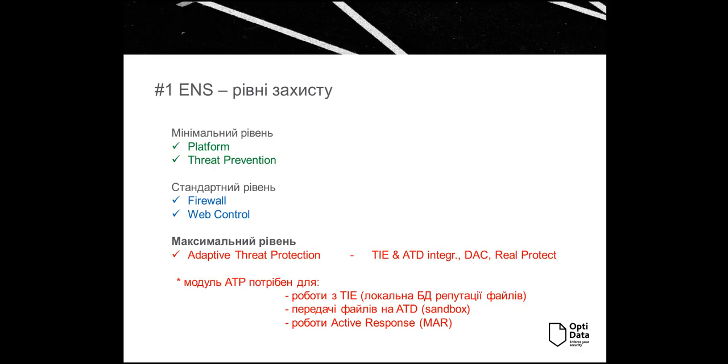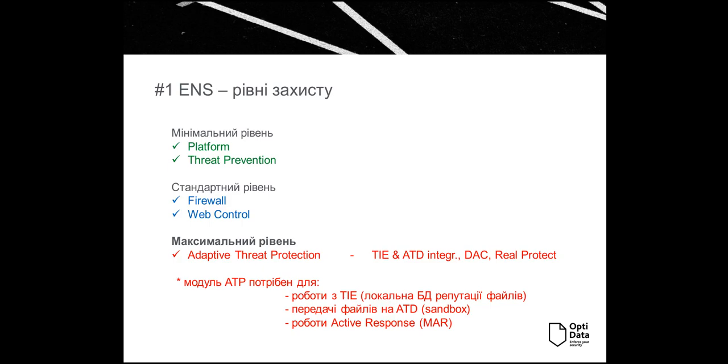And if we need really strong protection, we need to deploy Adaptive Threat Protection, or ATP. ATP is responsible for checking file reputation from the local database, TIE, or Threat Intelligence Exchange. ATP also can submit executable files to ATD, the McAfee sandbox or Advanced Threat Defense.